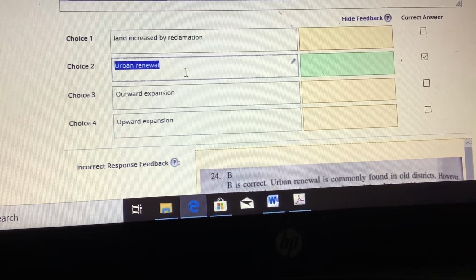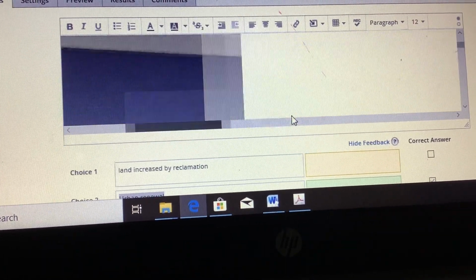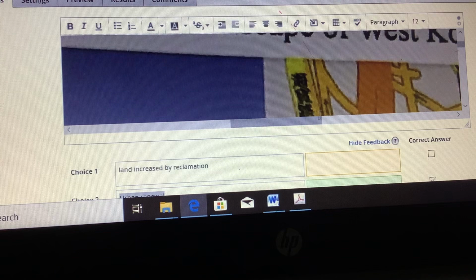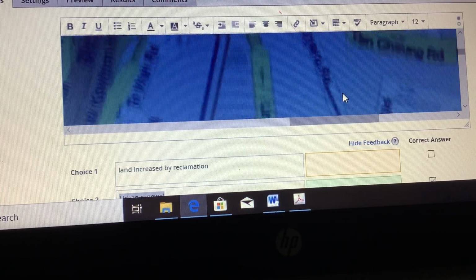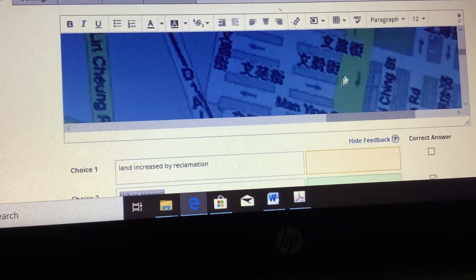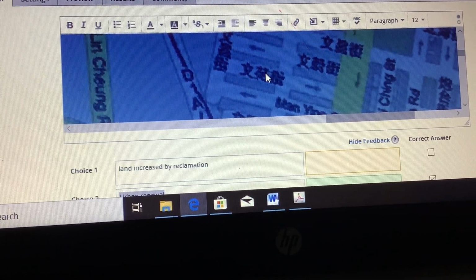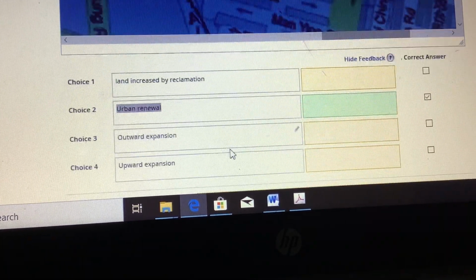Okay, but for this area I have mentioned this area is having a lot of old buildings so that urban renewal occurs, but I mixed up urban decay and urban renewal when I was watching this.